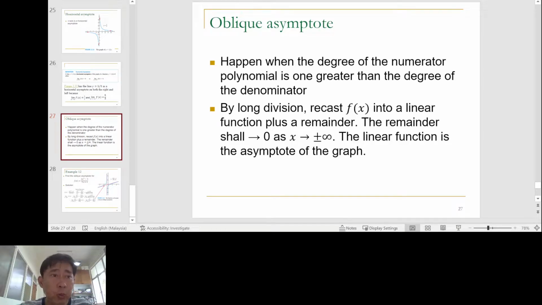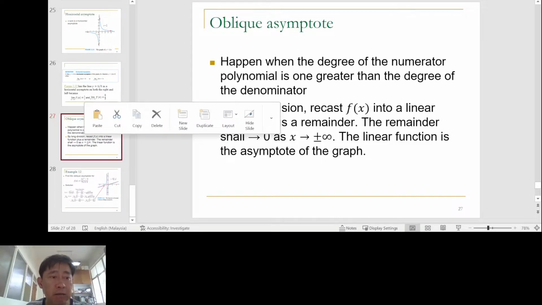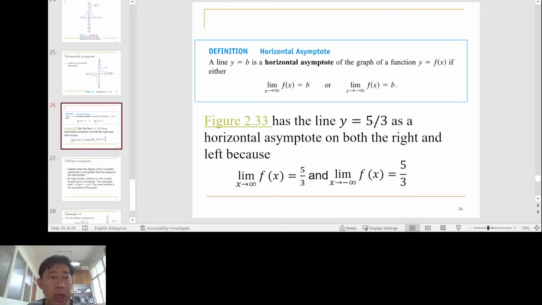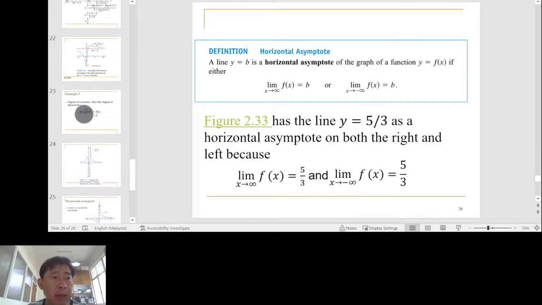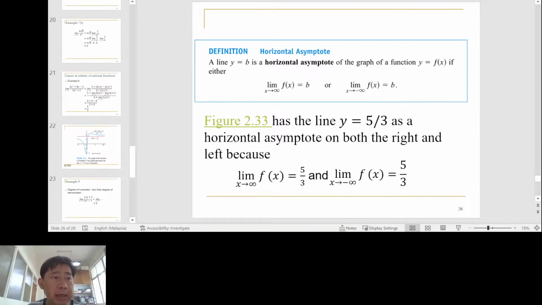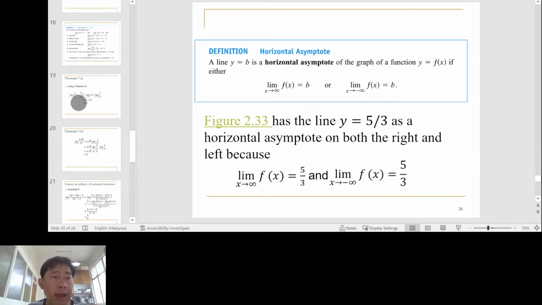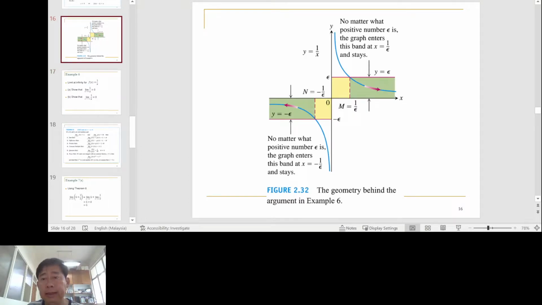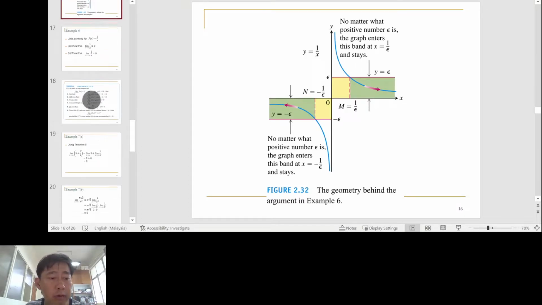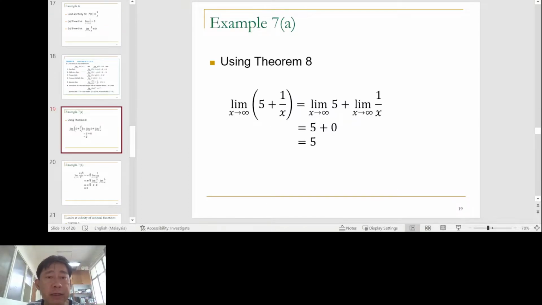In this video, we are going to continue to discuss the last part of topic 2.4. Before this, we have discussed the definition of a horizontal asymptote as well as the limit of functions when x is tending toward positive or negative infinity.